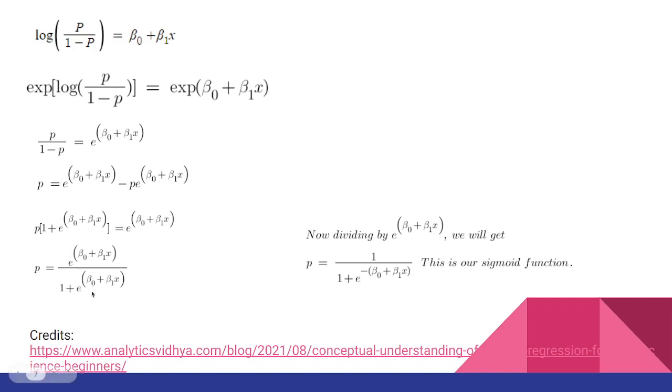So the value of p is equal to 1 divided by 1 plus e to the power negative beta 0 plus beta 1 x. So this is what we can call the sigmoid function. Okay, so this is basically what we try to estimate in logistic regression.